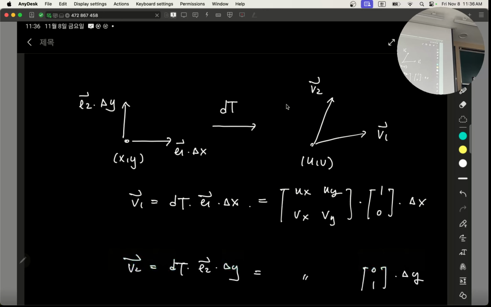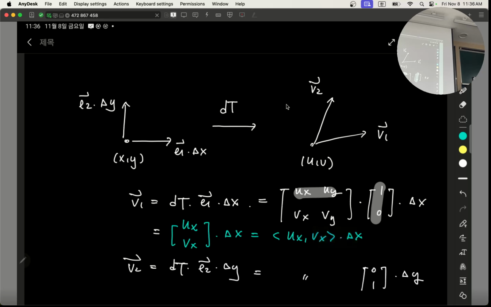So V1 is, when you do the matrix multiplication, you multiply this one by this one to get ux, and the second row, first column, to get vx times delta x. So you can imagine that V1 is (ux, vx) times delta x.